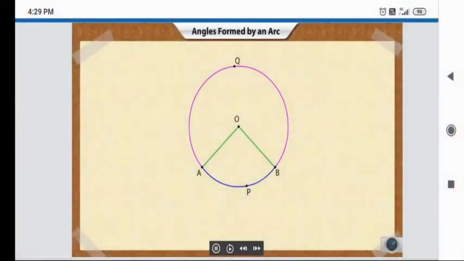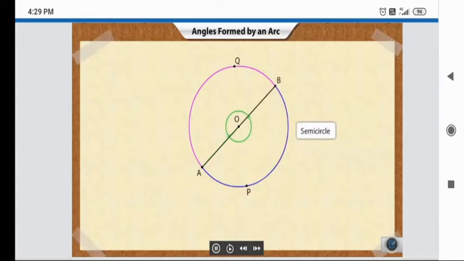An arc forms an angle at the center of the circle. This angle is called the central angle. Here, angle AOB is the central angle formed by the arc APB. The measure of an arc is the angular measure of the angle it subtends at the center of the circle. This is represented as shown.